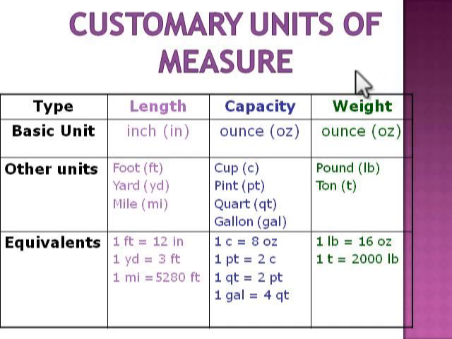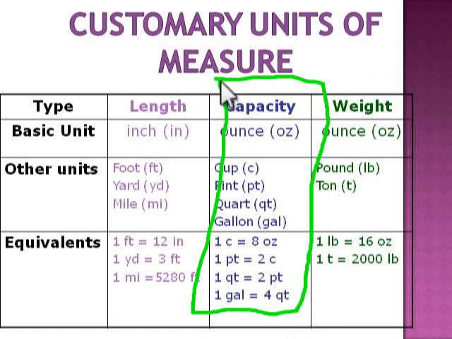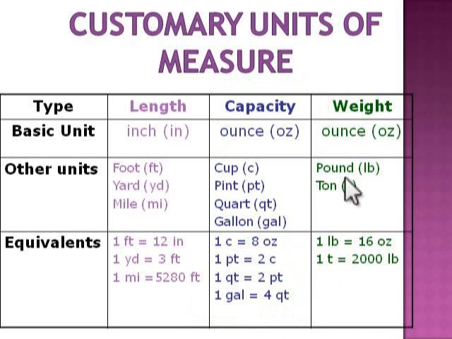So just a reminder, we're interested in capacity or liquid measure, and so we are focusing on this part of our chart and these magic numbers down here at the bottom especially. Oops, I just kind of drew a line through one of them, but you have that on another piece of paper. Okay, so we are interested in the fact that there are 8 ounces in a cup, 2 cups in a pint, 2 pints in a quart, and 4 quarts in a gallon.